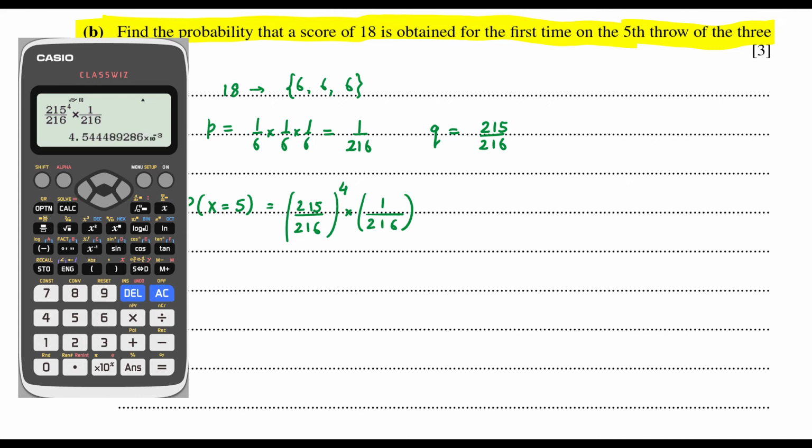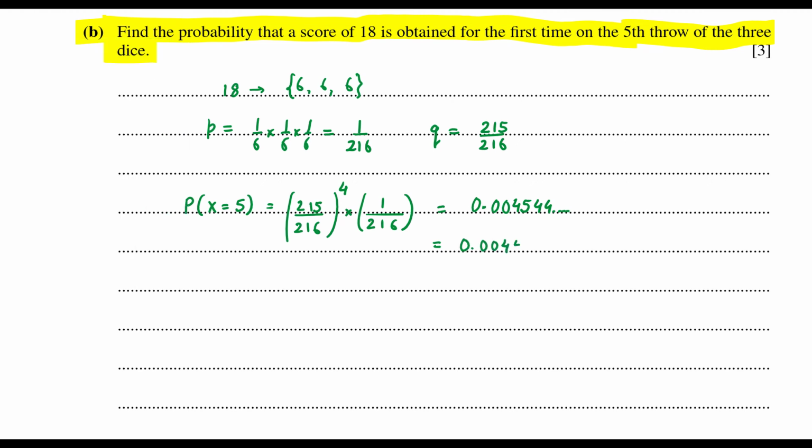This value is 0.004544 and so on. To 3 significant figures we can give our answer as 0.00454. That's the probability of getting the score 18 on the fifth throw.